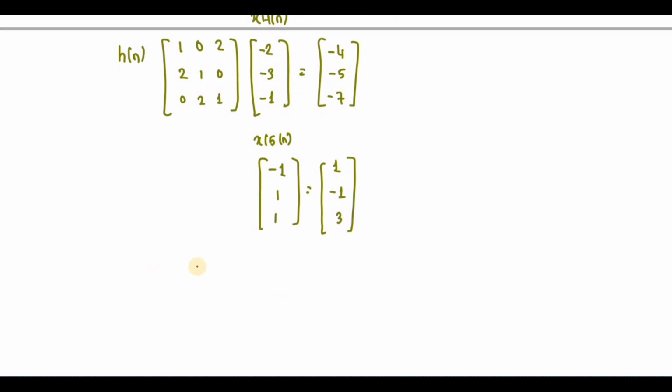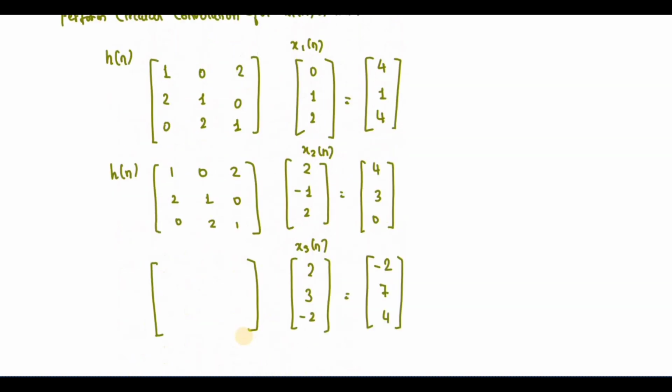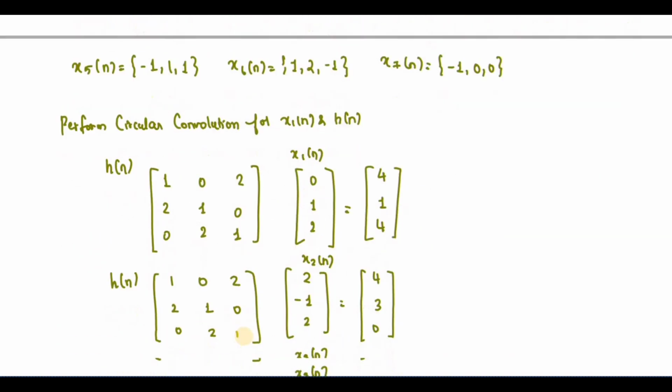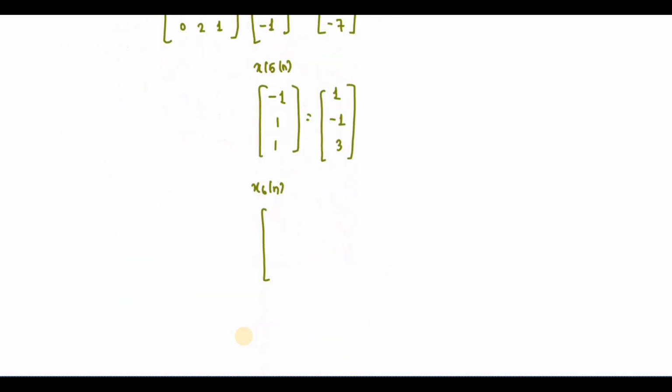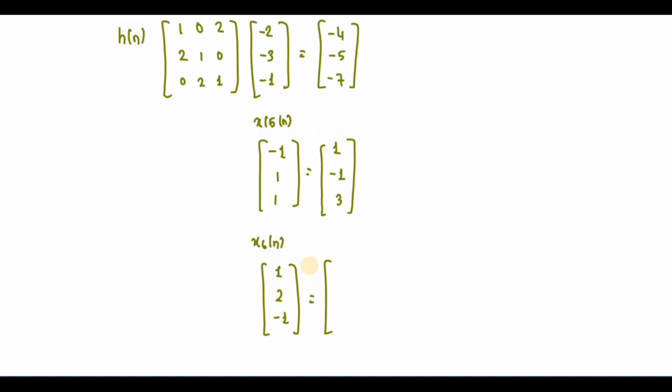Next, x6 of n. x6 of n is 1, 2, minus 1. 1 minus 2 is minus 1. 2 plus 2 is 4. Then 4 minus 1 is 3.